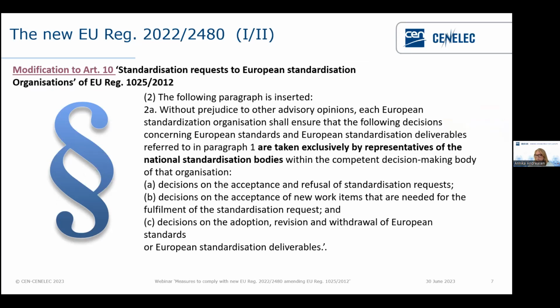And that refers to decision on the acceptance and refusal of standardization request, decisions on the acceptance of new work items that are needed for the fulfillment of the standardization request, and decisions on the adoption, revision, and withdrawal of European standards or European standardization deliverables.